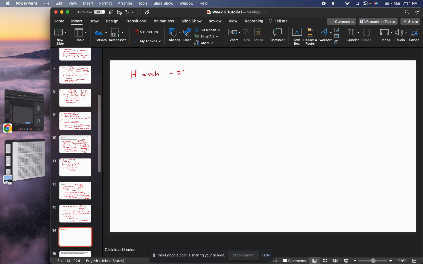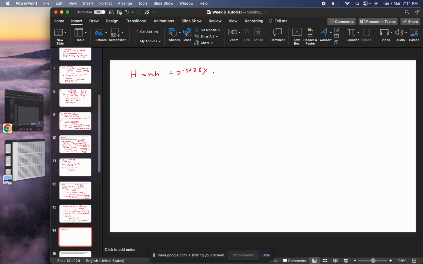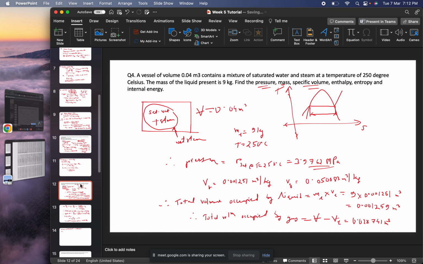The mass is 9.5738 times your enthalpy, 1188.706, into 9.5738, 11380.43 kilojoule.